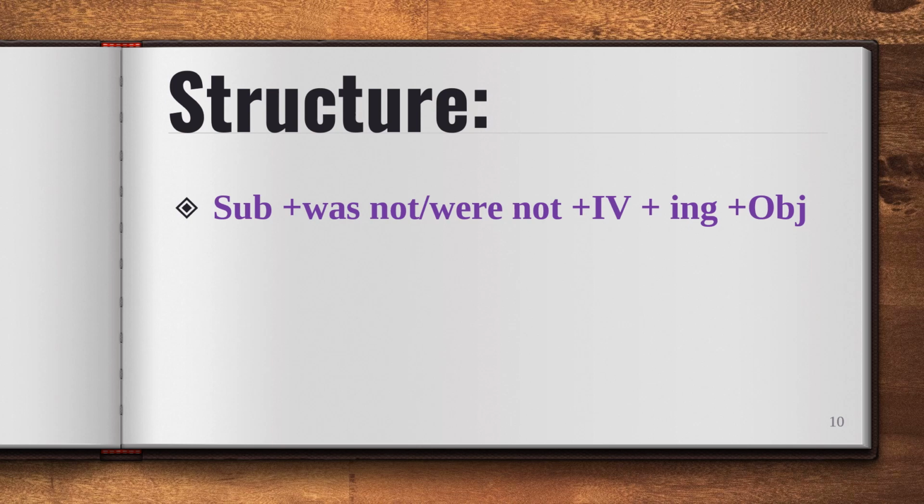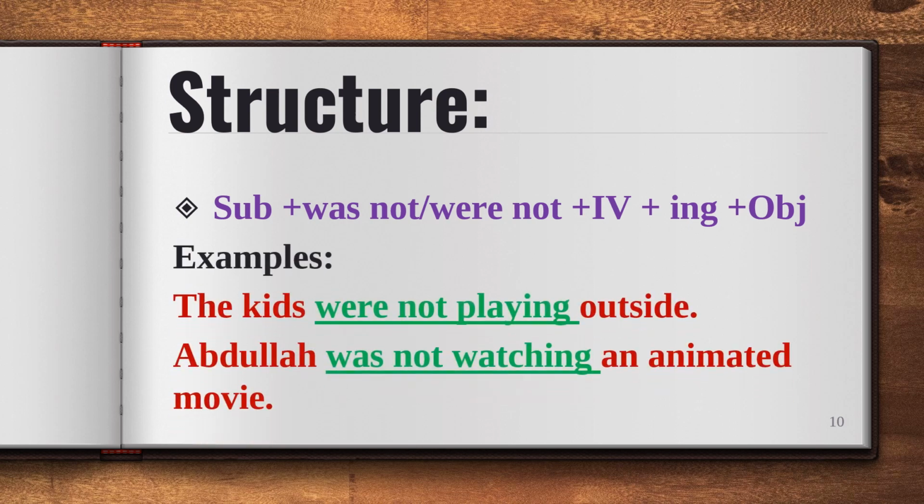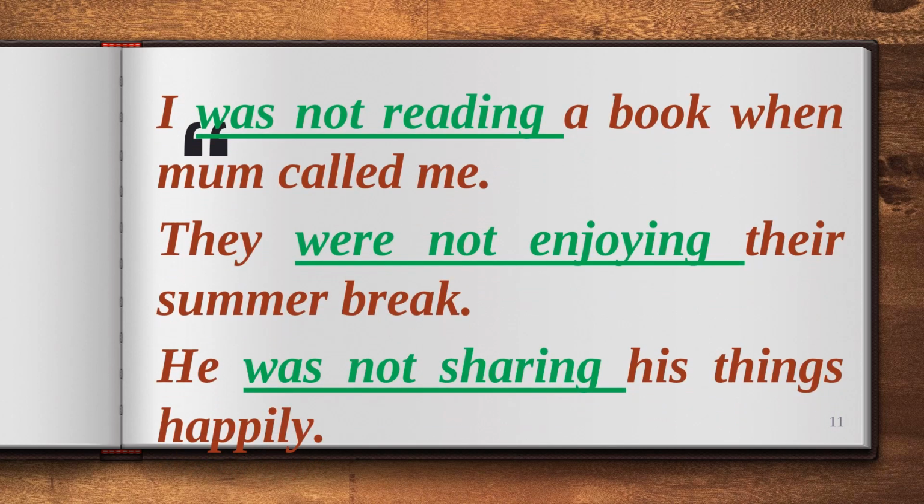The whole formula remains the same, we just add not with was and were. The examples are: the kids were not playing outside. Abdullah was not watching an animated movie. I was not reading a book when mom called me. They were not enjoying their summer break. He was not sharing his things happily.